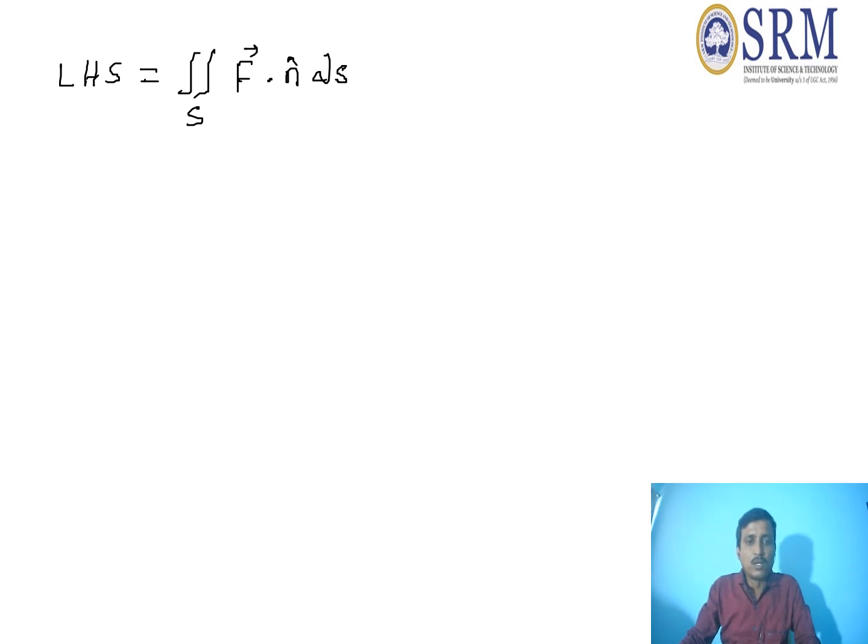Now to evaluate this one, actually you have to draw the graph. What it is saying, let us see. That means it is one parallelepiped. Suppose this is the x axis, this is the y axis, and this is the z axis.